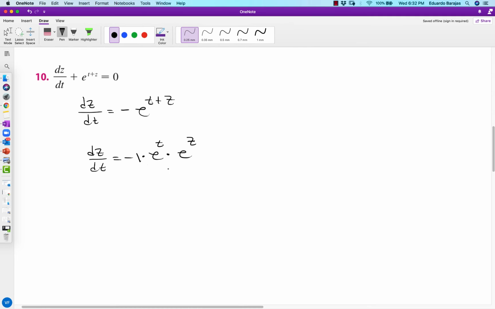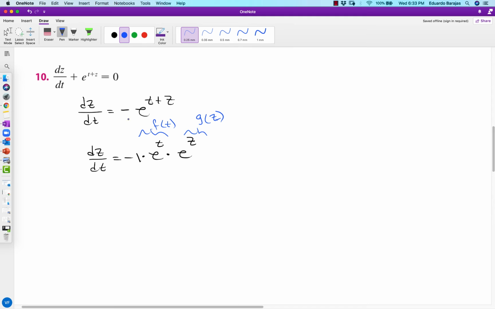So now there's separable equations. Here we have a function of t, some f of t, and this is some function of z. So separable.